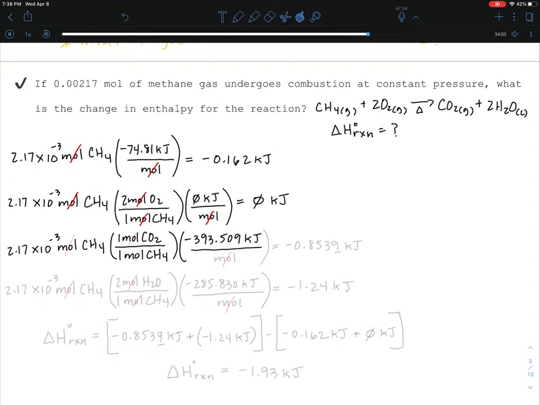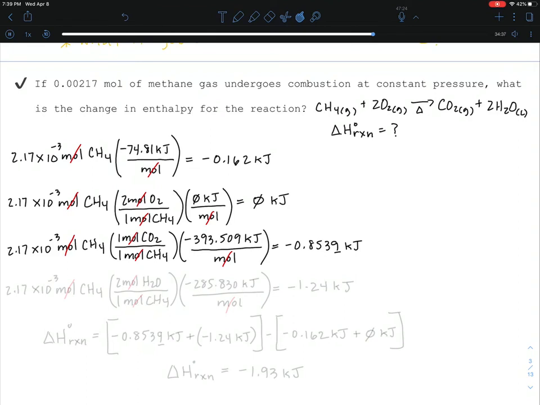And this would be per 1 mole. But I'm not using 1 mole, am I? I'm using 2.17 times 10 to the negative 3 moles, because we have a 1-to-1 mole ratio. And these moles will cancel. So I got what? Let's see. Negative 0.8539. I'm going to carry that. Kilojoules.